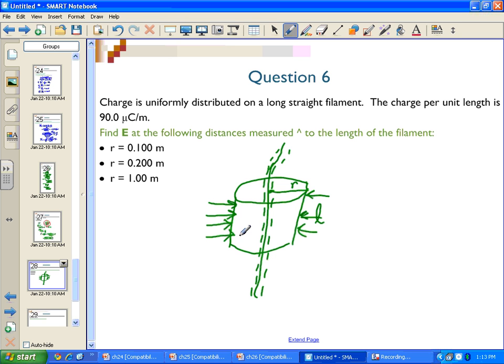Notice, however, in the top and bottom of the cylinder, the electric field coming in like this is perpendicular to the area normal. So here E and dA, I should call it, make a 90-degree angle.